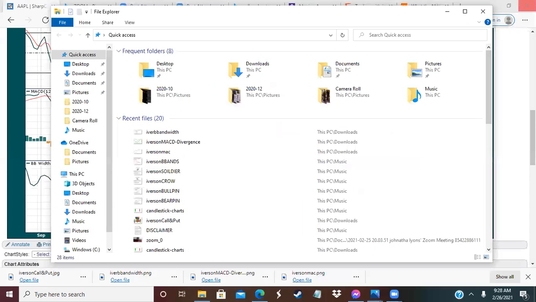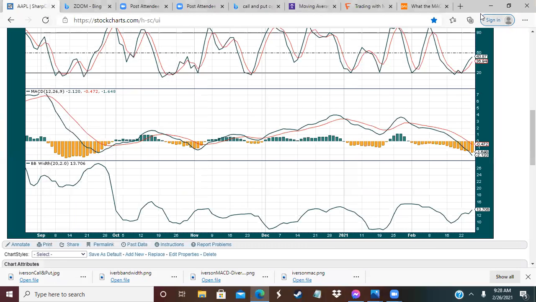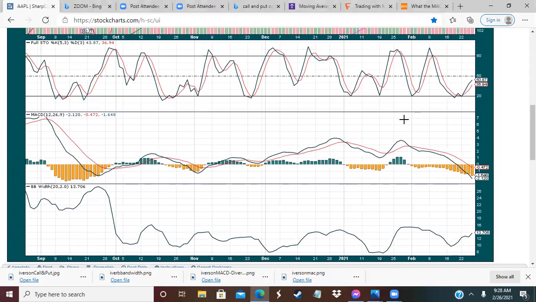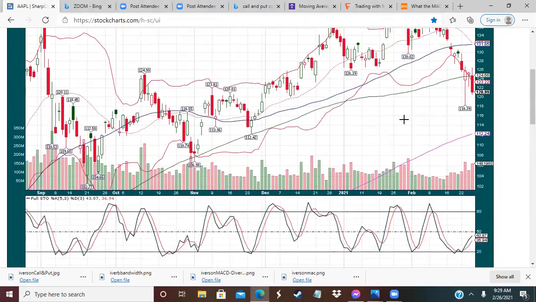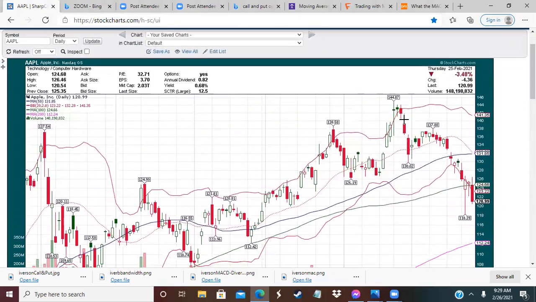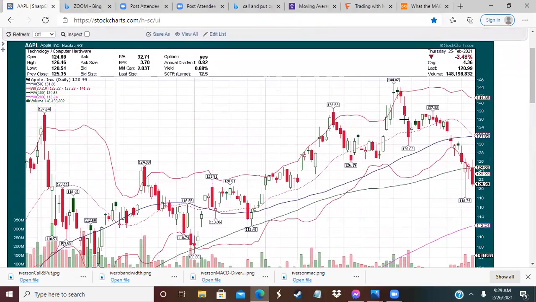All right, so we've gone through all of the indicators now, guys, and I've given you a breakdown on how to utilize them all. But now I want to talk about symmetry and how you utilize all of these indicators as a matter of symmetry to create a picture of where you think this stock is going to go.